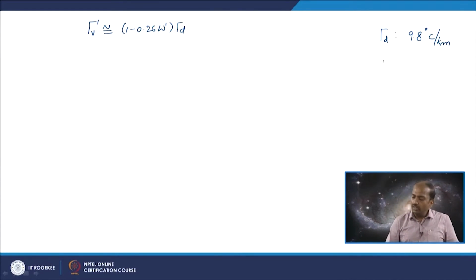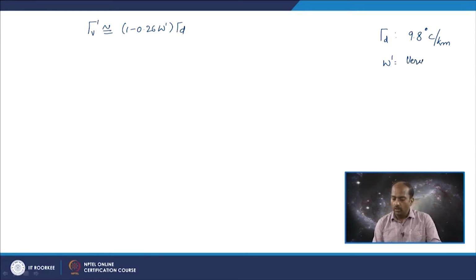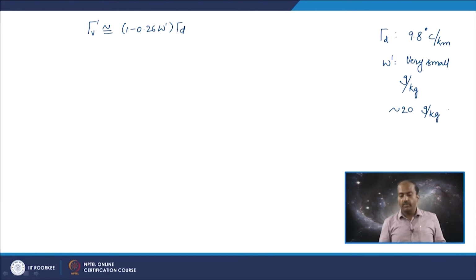We have seen that the mixing ratio inside the air parcel is generally very small. We always mention it in terms of the number of grams of water vapor per kg of air. The highest value that we have taken so far was 20 gram per kg. So, it is a very small number.